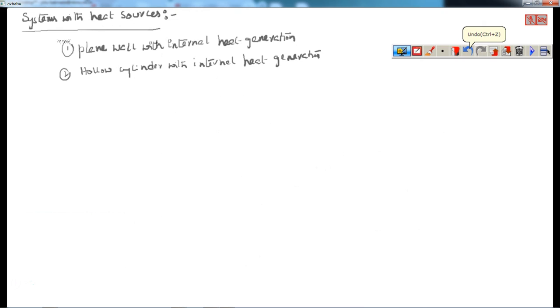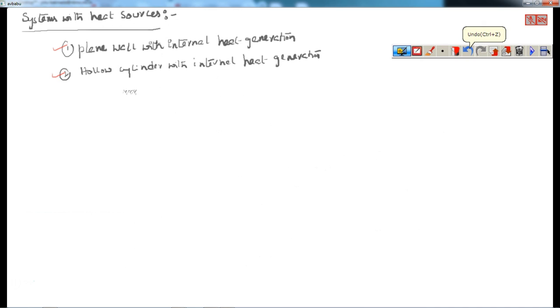The topics I will be covering in this class are the plane wall with internal heat generation and the hollow cylinder with internal heat generation. Before going into these cases, let me introduce why we are giving so much importance to this.